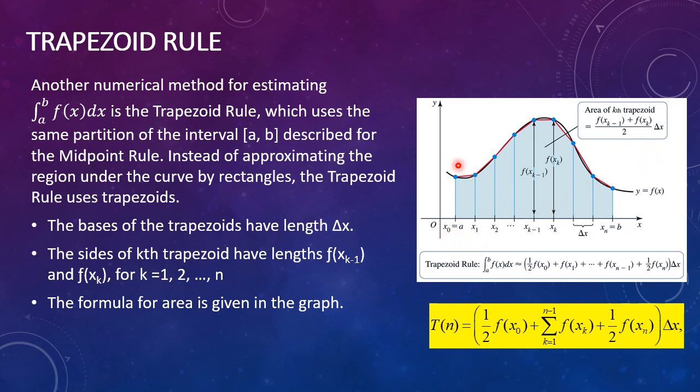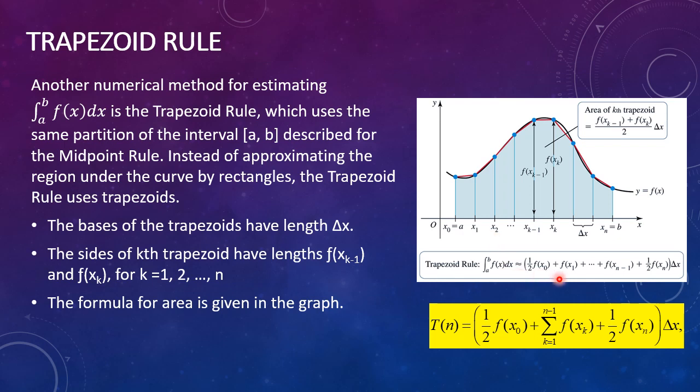Well, for the first trapezoid, we use x sub 0 and x sub 1. For the second trapezoid, we're using x sub 1 again. So if you put these in terms of 1/2, we'd have a half of x sub 1 for the first trapezoid, plus another half of x sub 1 for the second trapezoid.